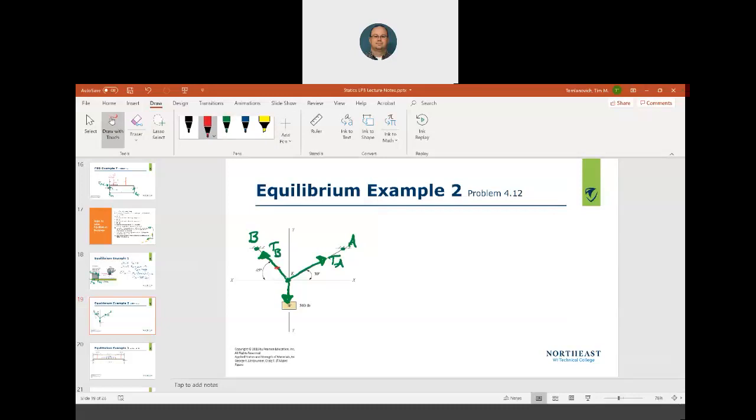All right, so step 2, everything in X and Y. Okay, so this is TX, this is TY. Okay, so I gotta put the little subscript TB.